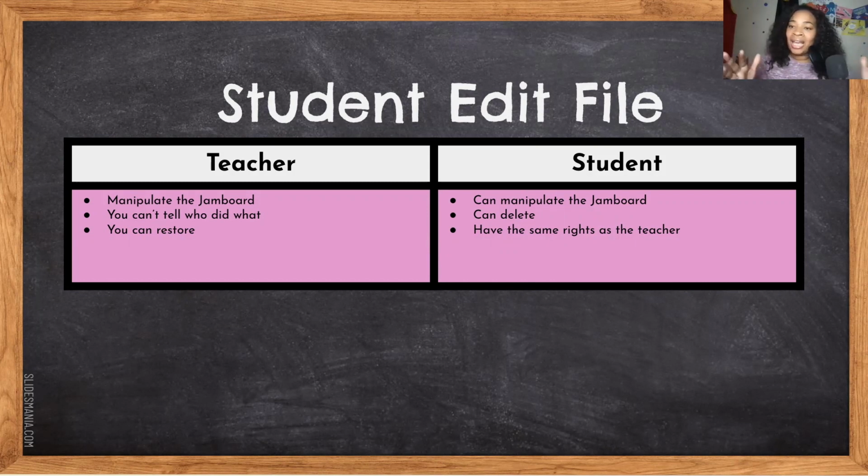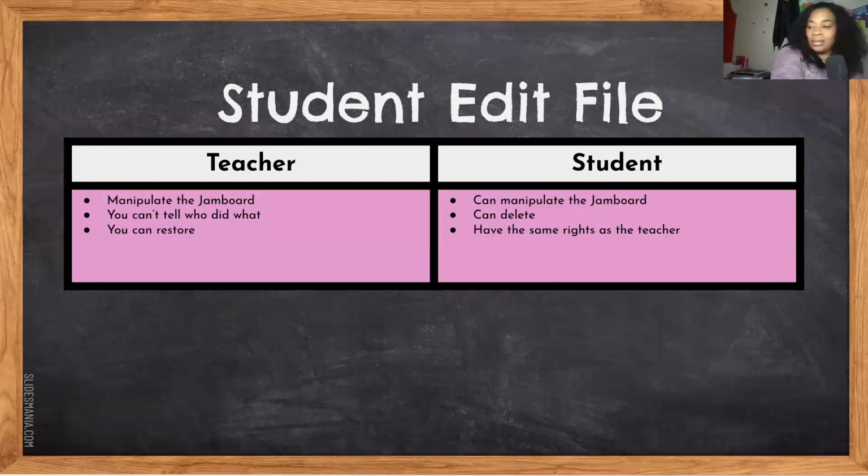Here's the only caveat. No tool is perfect, but I like to let people know what some issues are. You can't tell who did it. So if somebody wrote something crazy in class, you can't tell who the person is. So that's why it's going to be very important to set those expectations. You can see little heads while they're in the board, while they're on the Jamboard.